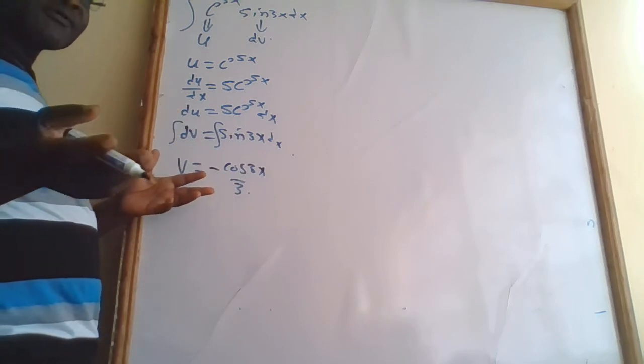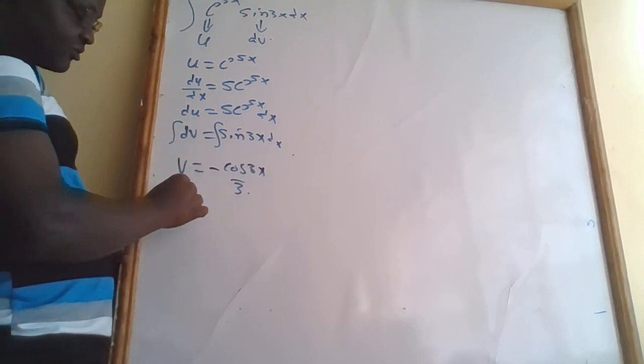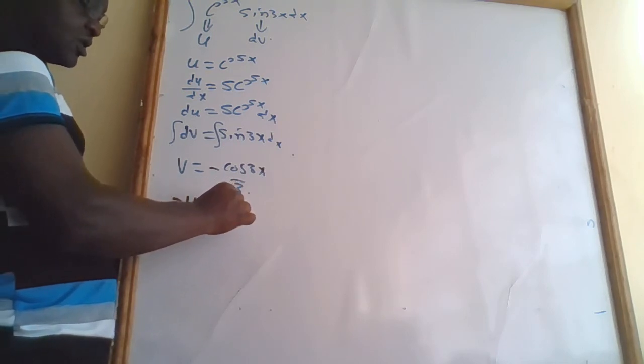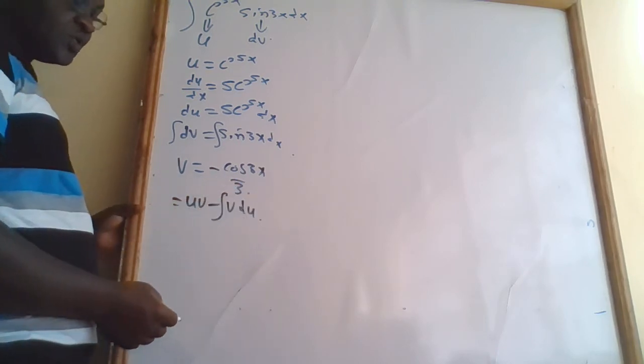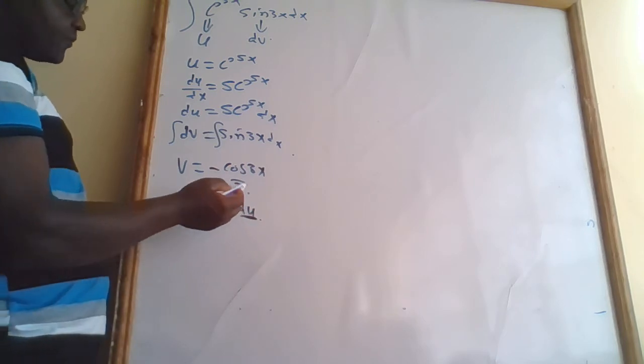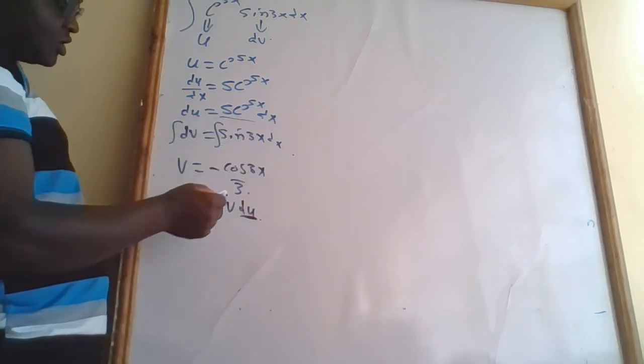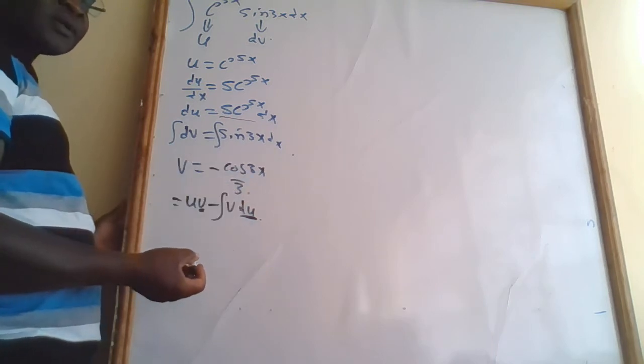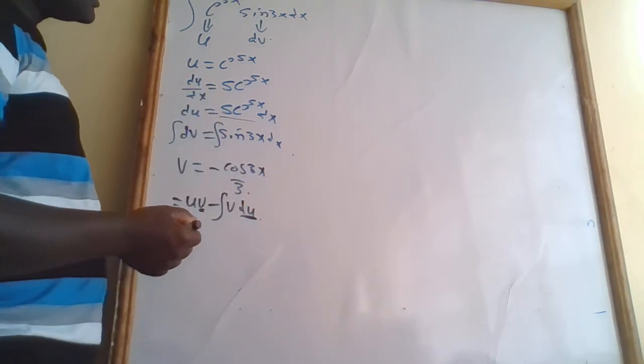Do you remember the integration by parts is given by uv minus the integral of v du. So we have our du, which is this one. We have our v, which is this one. Therefore, we can move on and solve the given equation.